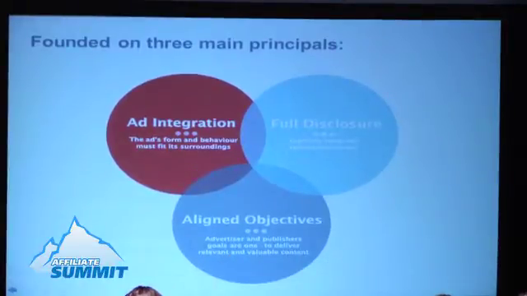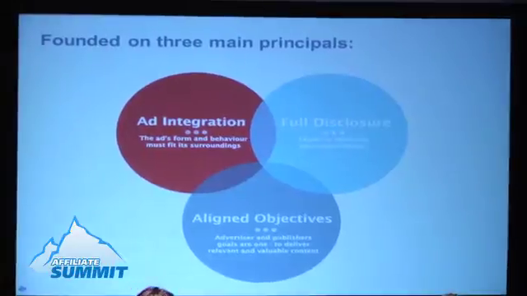And then, overt ad transparency, where native ads are explicitly labeled as ads or sponsored content. A lot of times when you're on the Huffington Post, you're going to see at the bottom of the page where it says sponsored listing. That makes very clear what the transparency and the intentions are.